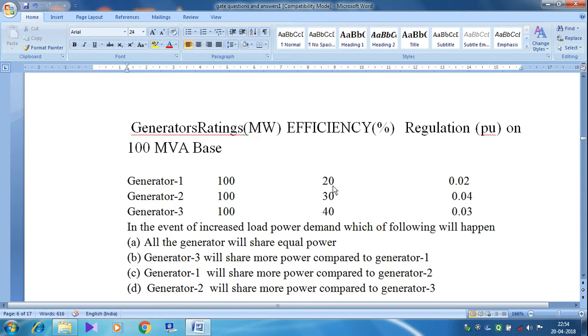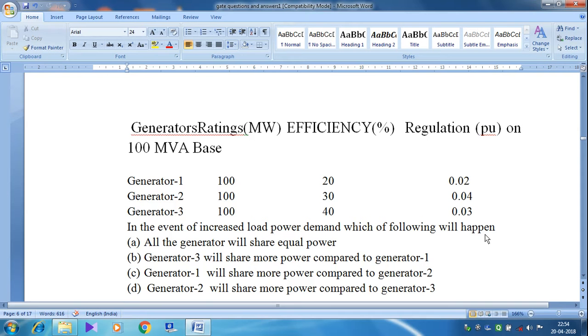This is the efficiency, that is 20%, 30%, 40%. Then regulation 0.02, 0.04, 0.03. In the event of increased load power demand, which of the following will happen? That is generator 3 will share more power compared to generator 1.